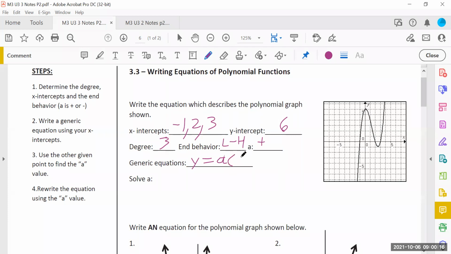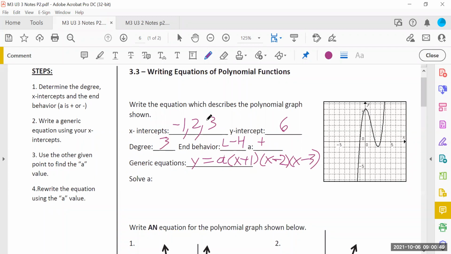If I have an x-intercept at -1, I have a factor of x plus 1, right? The opposite. X plus 1. I have a factor of x minus 2. And I have a factor of x minus 3. Is everybody making the connection? The opposites of the x-intercepts are what give me my factors. That's my generic equation. Didn't take us much work at all.